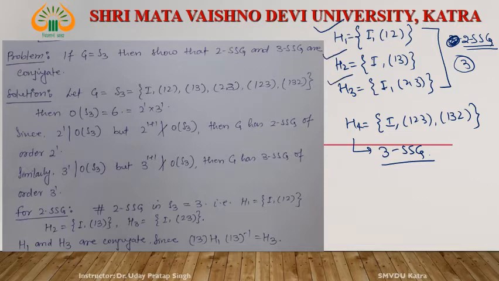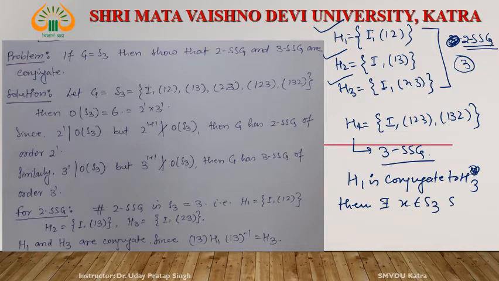Then what is the meaning of conjugate? If H1 is conjugate to H3, then it means that there exists X belonging to S3 such that X H1 X inverse is equal to H3. Say this X is (1 3).